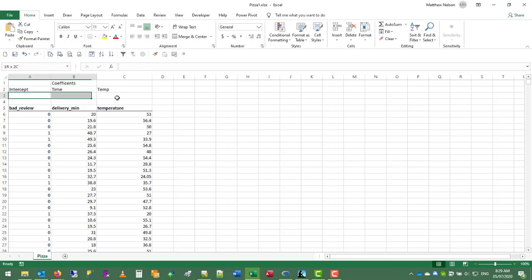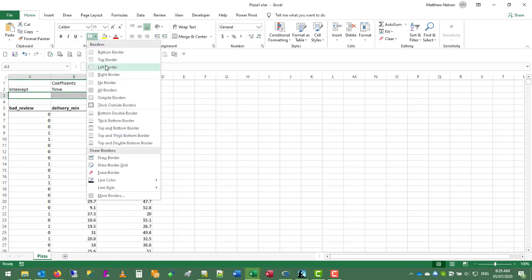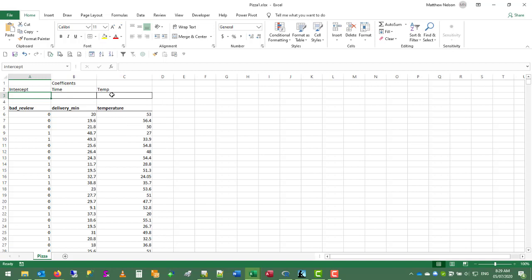Now that I have these cell values, I'll put some borders on them. I'm going to initialize the model with an intercept of 1 and 0 for time and temperature. We're going to use Excel's solver capabilities to figure out what these coefficients are.